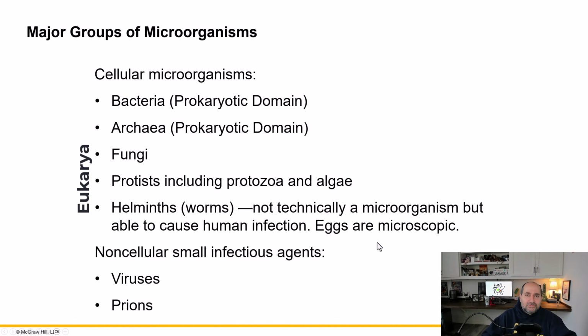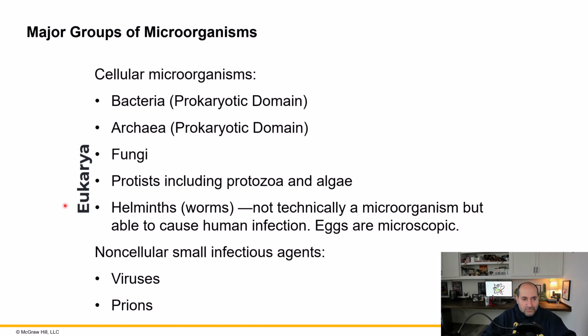The worm itself might be macro, but the life cycle stage in which you ingested it or it infected you is typically micro. The combination of the fact that helminths cause human infection, and it's typically the eggs that give you the initial infection, is why helminths are studied by microbiologists.